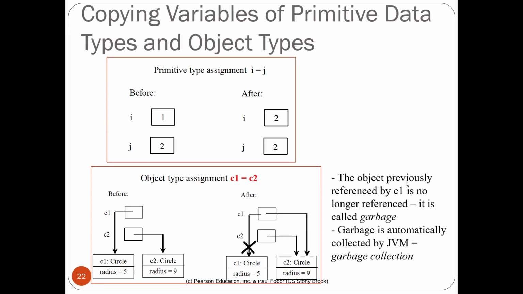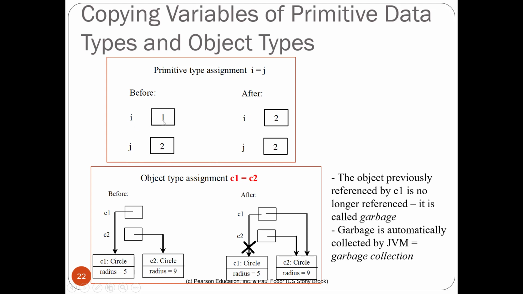Okay, so now let's move a step further and try to understand what will happen if we try to do assignments for a primitive data variable and a reference variable. Let's not go to the reference variable yet. Let's first understand what happens when we do an assignment for a primitive variable. So assume that I and j are both integers.